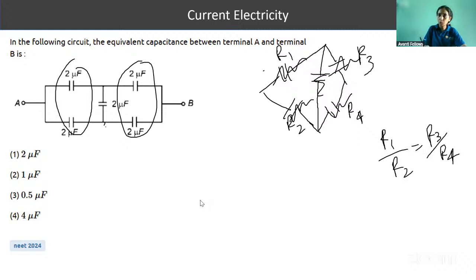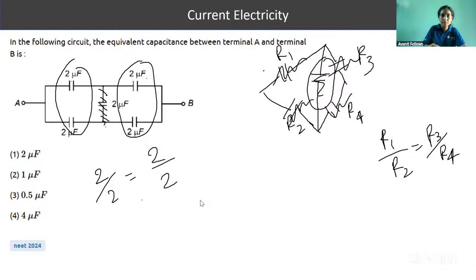If this is true, then it is balanced, and if it is balanced, no current will flow here. Similarly, if C1 by C2, that is 2 by 2, is equal to C3 by C4, that is 2 by 2, then there will be no charge or no potential difference across this middle 2 microfarad.